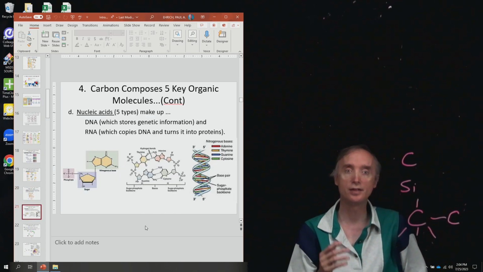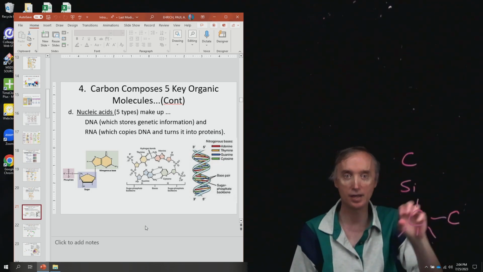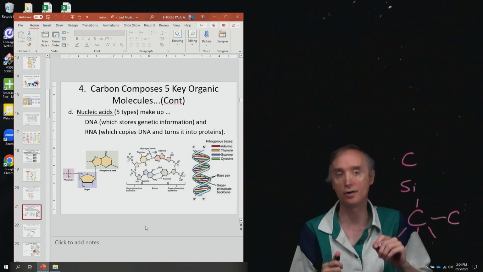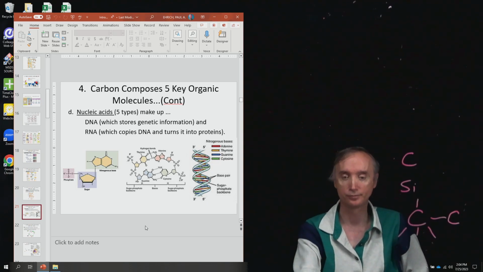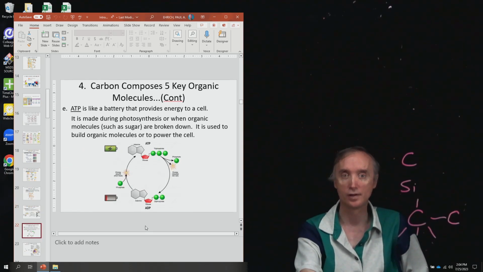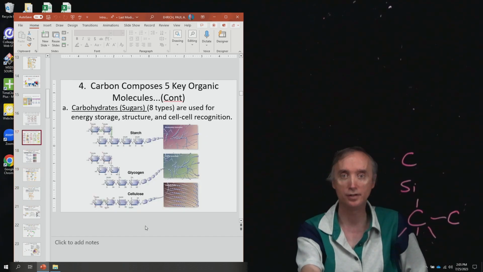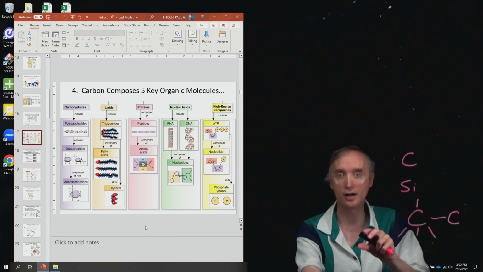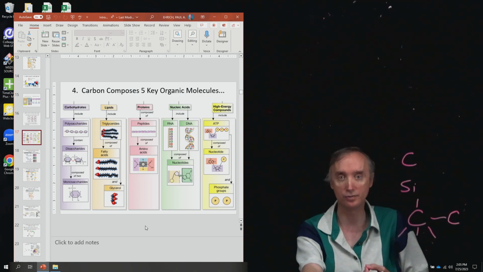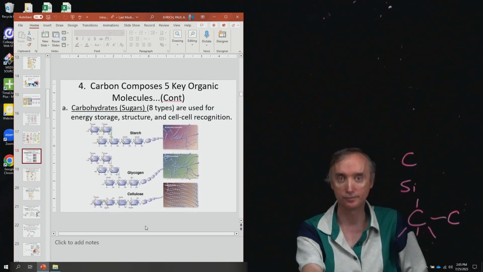Okay, and then we said that nucleic acids, when they're strung together, they make DNA and RNA. And then here is what the ATP does. So again, the major thing is, can you name the 5 major kinds of organic macromolecules that are found inside of organisms?